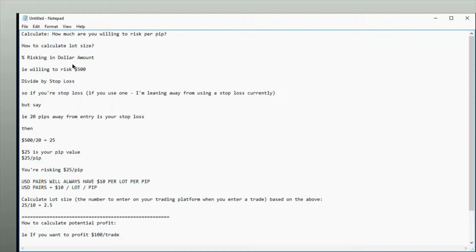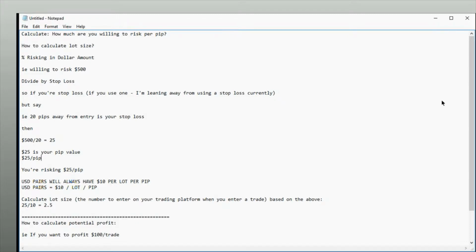Just following what I have typed up here, if you're willing to risk $500 and you have a stop loss set 20 pips away from your entry point, then you would divide 500 by 20, which gives you your value per pip. In other words, each pip is $25.